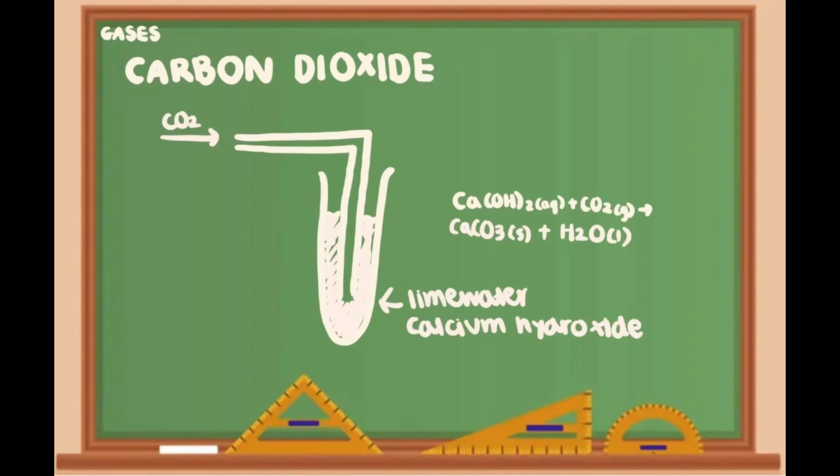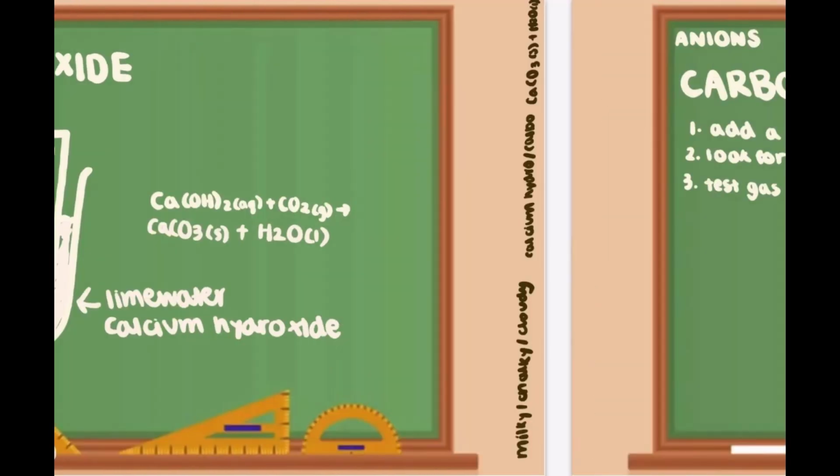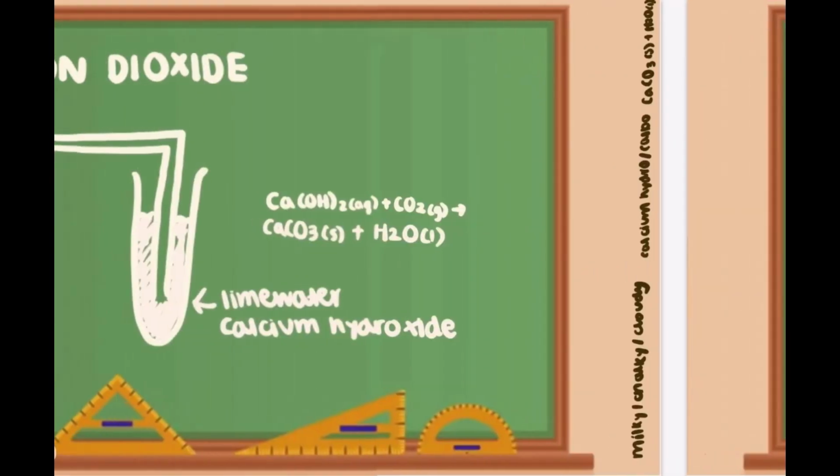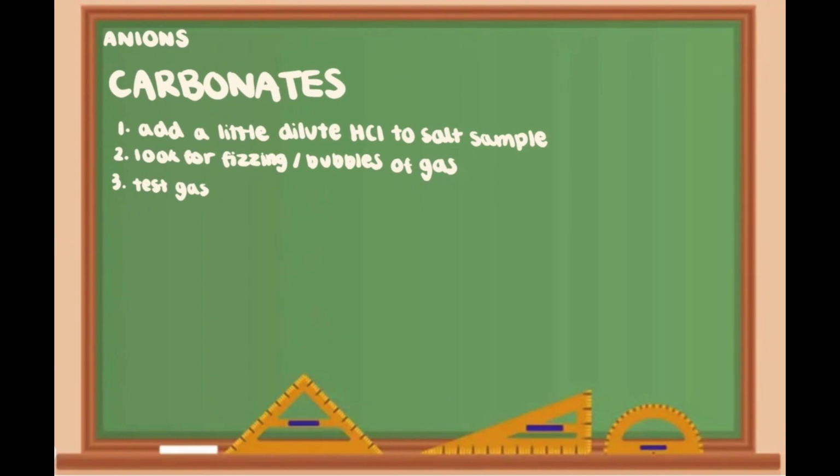So that is that. That's all our gases, I believe. Let's move on to our anions. So, like I said, our negative ions. We're going to start with carbonates because it's pretty similar to what we just mentioned with carbon dioxide. What you're going to do is add a little bit of dilute hydrochloric acid to our salt sample, and then we're going to look for fizzing or bubbles of gas or any sort of indication that a gas is being given off.